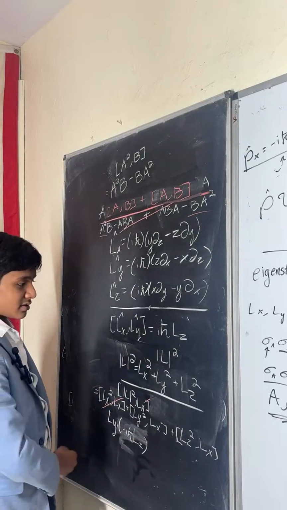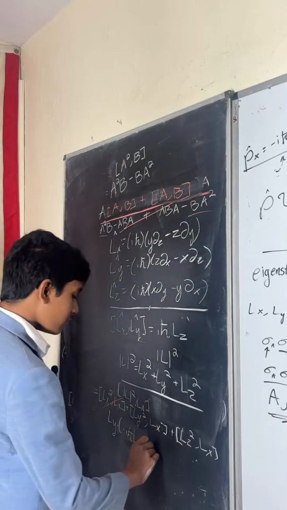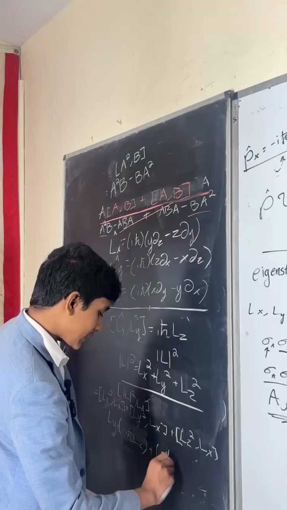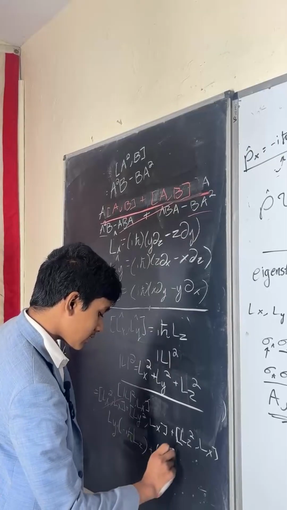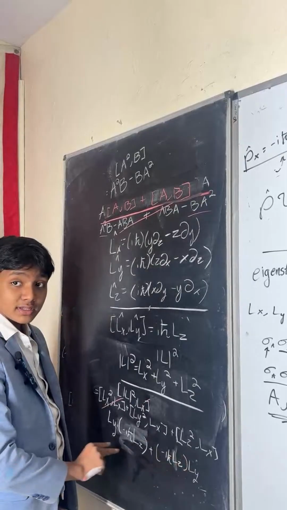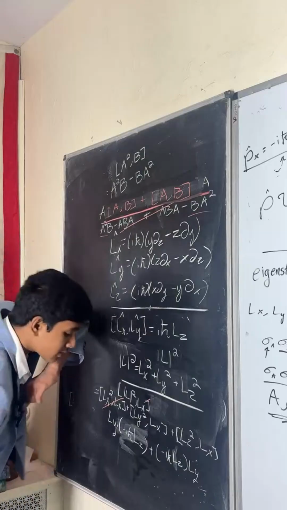So, they're skew symmetric, if you like to say things that way. Then you have plus, well, minus i h bar Lz times Ly. These two do not commute. But that doesn't change the end result anyway.